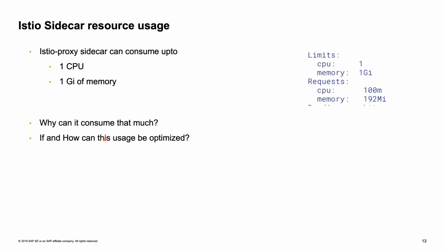And the second thing would be that once we understand why it is configured to consume that many resources, let's see if we can somehow control it. The why part is really interesting because once I started asking myself this question, I was able to research it and find out the reason why it can go up to that many resources.